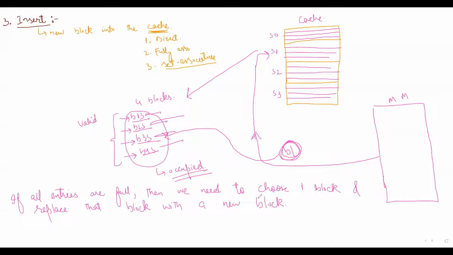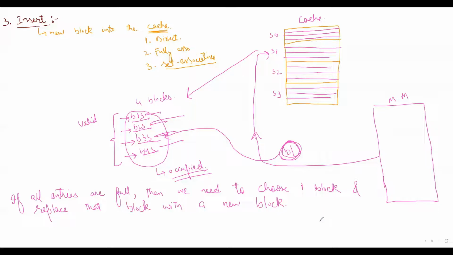Okay. But the issue is that since all these 4 blocks are occupied and we have to choose one, which one will I choose? Should I choose the first one, second one, third one, or fourth one? Okay.